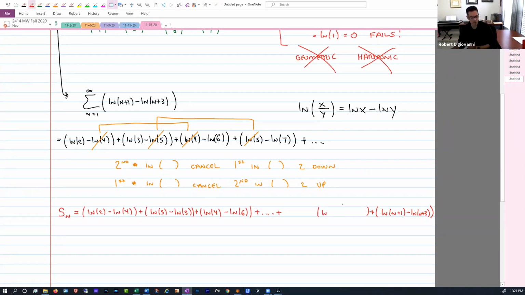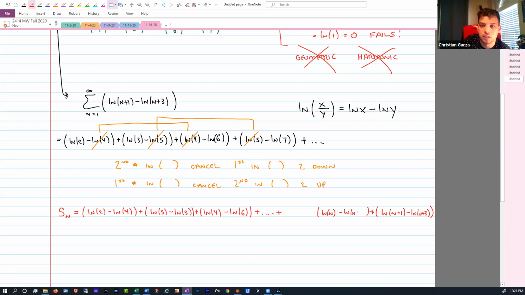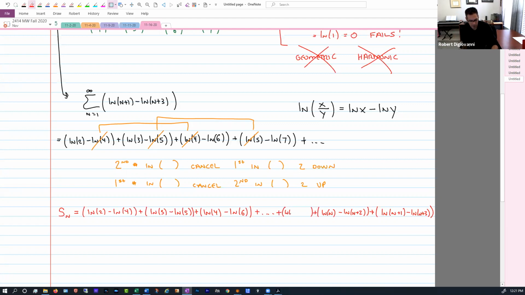Is it? Oh, I'm sorry, just n. Just n, okay, because we're going to take one away, right? Then minus natural log of n plus 2, there we go. So we're just subtracting 1 as we go back. And I'm going to have to squeeze one more in here. Natural log of n minus 1 minus natural log of n plus 1. I don't know why I said that.